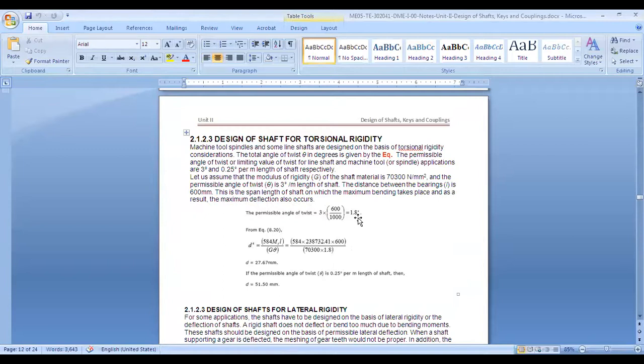If you don't remember, using the torsional equation, MT upon J is equal to G theta by L, then putting MT and converting your angle from radian to degree, we got the equation theta is equal to 584 MTL upon G d raised to 4. Using that formula, we'll do the torsional rigidity, right?